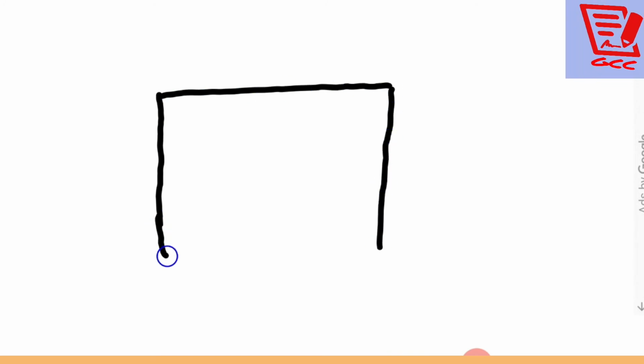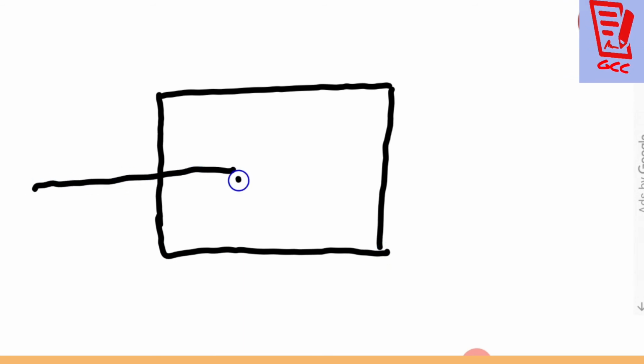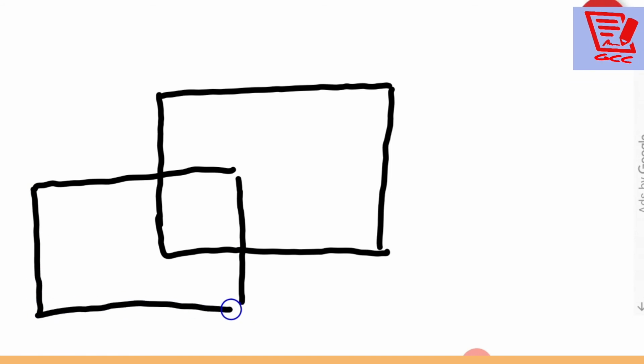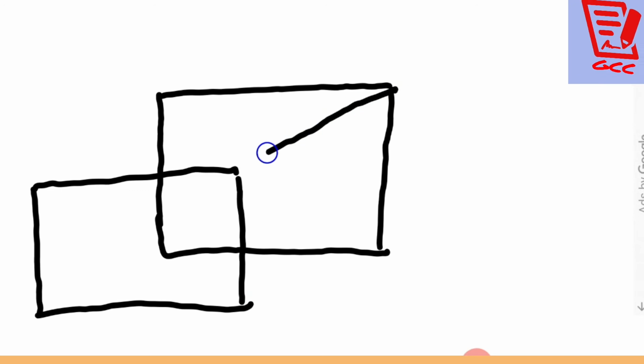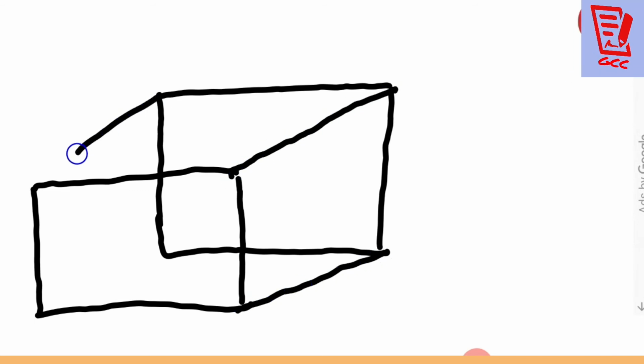Yes, it's like that. Then after that, it's like that. Yes or no? Then like this way. Then join these lines.